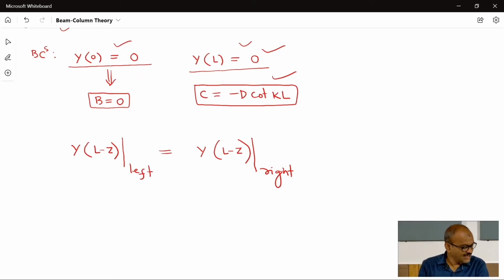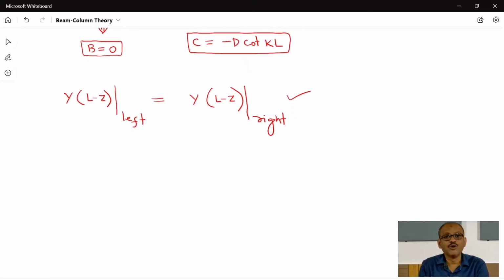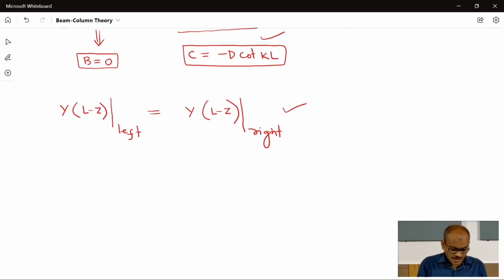So this will give one equation, and another thing, the slope also will be the same. You can write here that y dash at L minus z on the left is equal to y dash at L minus z on the right.